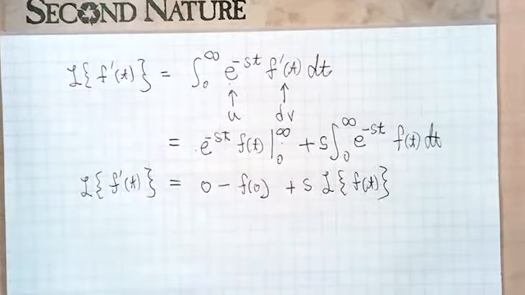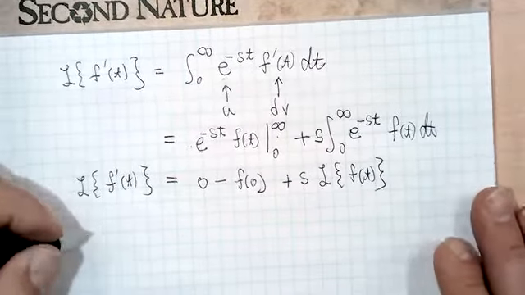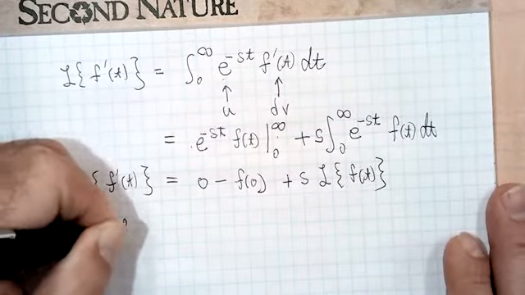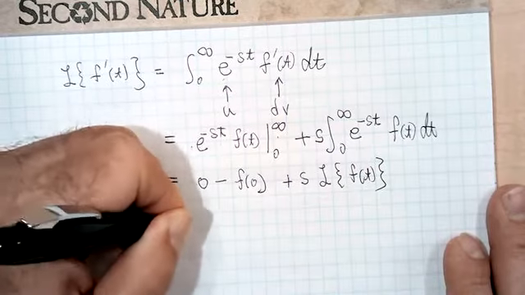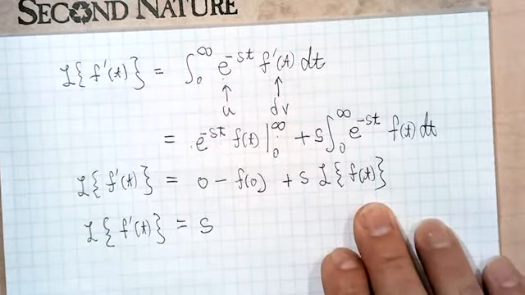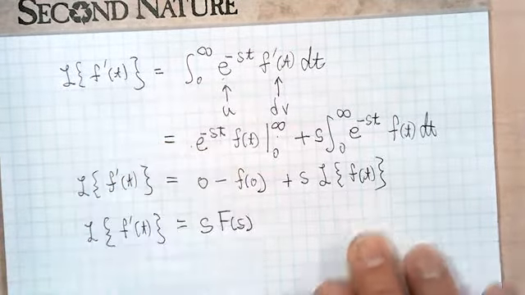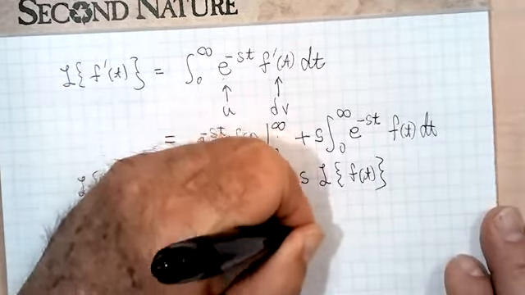So the standard way of writing this is: the Laplace transform of f prime at t is equal to s times the transform of little f, which is capital F at s, minus little f at 0.